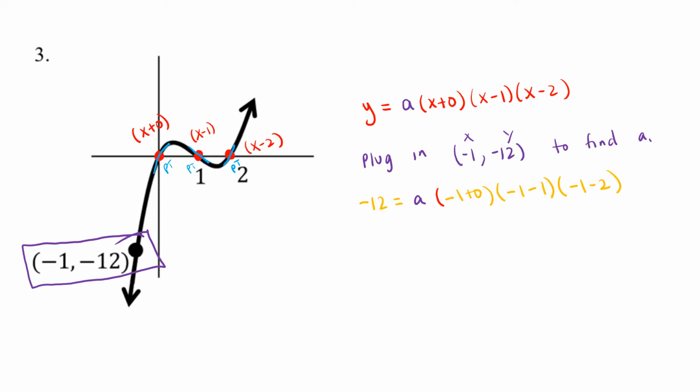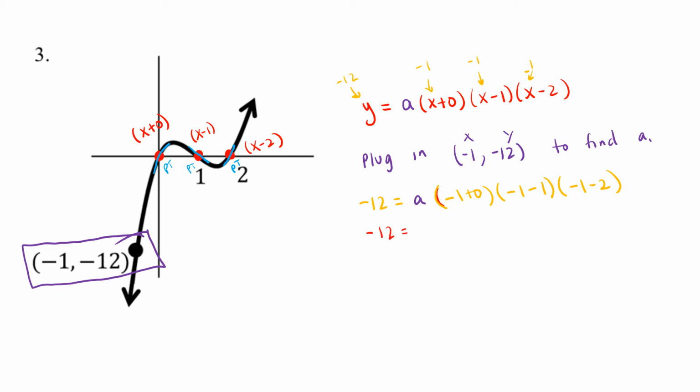Everywhere there is an x, we plugged in negative 1. And then for the y, we plugged in negative 12 from that coordinate point. Again, we're doing this because they gave us a point that's not an x-intercept, so we can actually find the a value. And now it's just make sure you're being careful while you simplify.